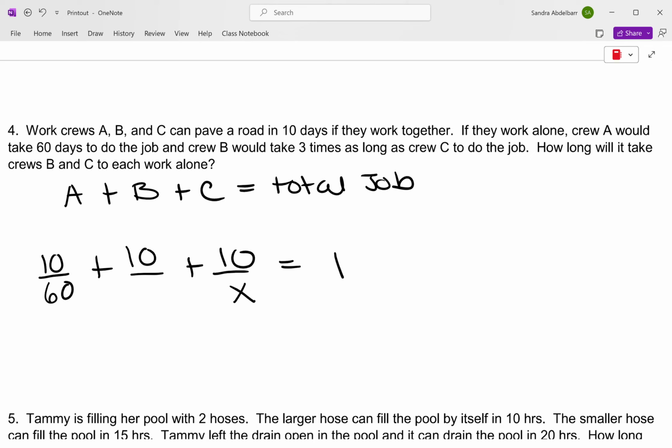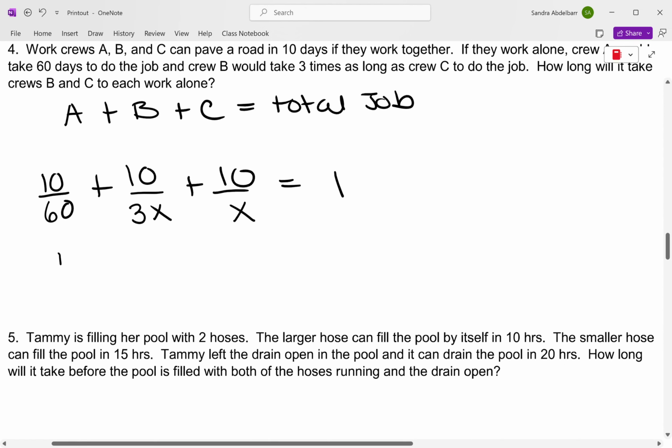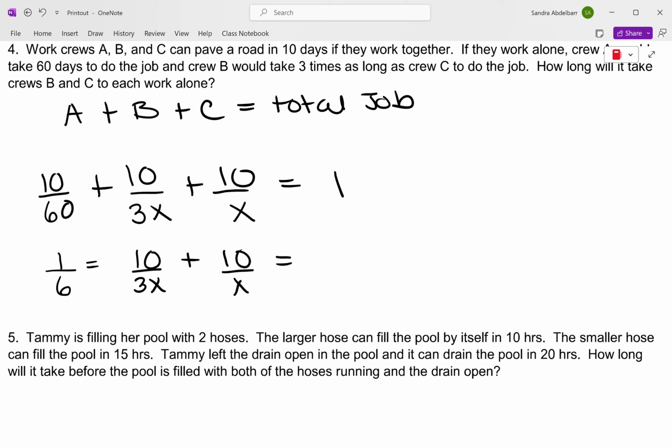But then it says crew B would take 3 times as long as crew C. So if I'm going to go to crew C and call them X, how would I represent crew B if they're 3 times as long? Tori? 3X, you got it. Can I simplify 10 over 60 down to 1/6? Yes.